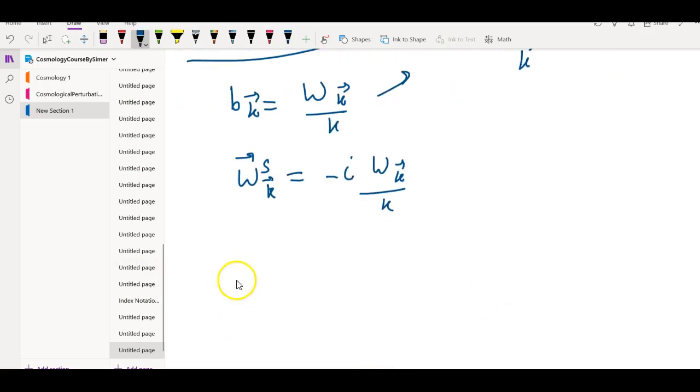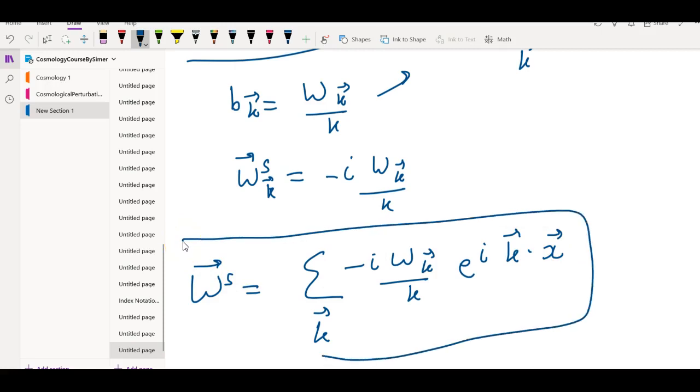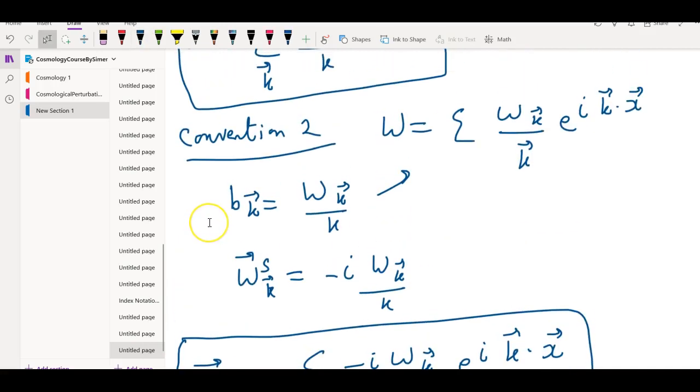So WS expands according to this expansion, minus the WK over K, and the potential expands according to this.